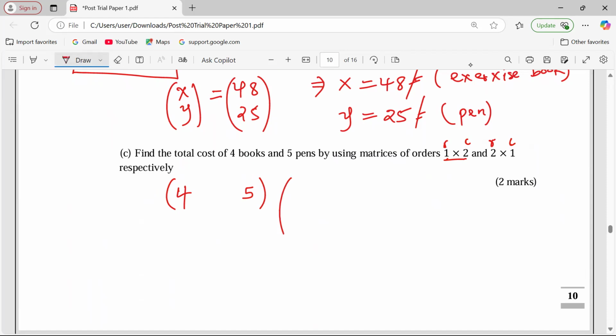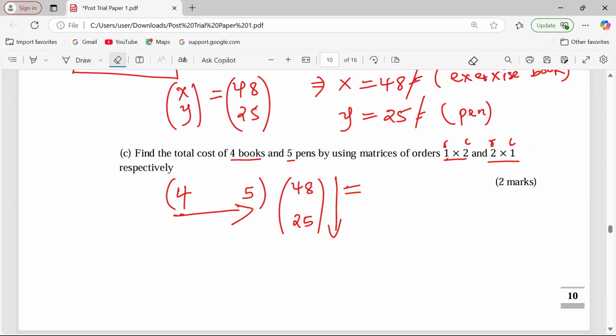Multiplied by a 2 by 1 matrix. So we bring the prices here. 48 and 25. I hope they are corresponding such that 4 will go with 4 exercise books, and these are pens. So 5 will multiply 25. So when we do this multiplication now, we need to multiply row times column for us to get the total.